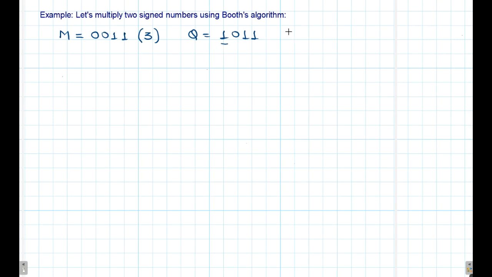First, we need to calculate the decimal equivalent of 1011. Taking the 2's complement, this will be 0100 plus 1, which is 0101, equivalent to 5. So the number 1011 represents minus 5 in decimal.